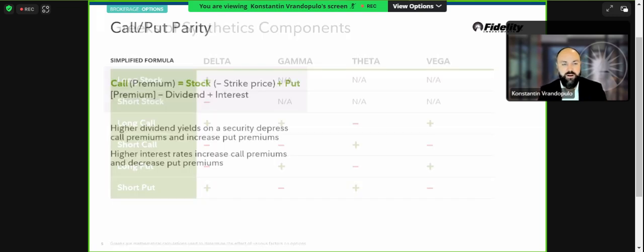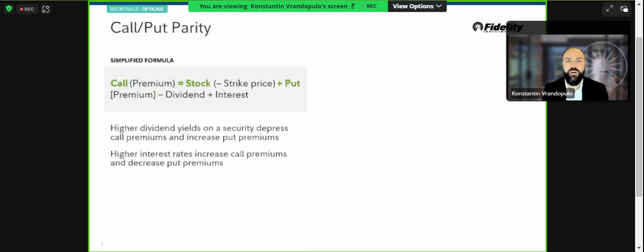So again, put-call parity, let's go through it. In an environment where money costs money, calls are always going to be more expensive than puts. In an underlying security where dividends are large, maybe they are weekly, maybe they're monthly, for most underlyings they're going to be quarterly, the larger the dividend amount, the cheaper on a relative basis the call is going to be versus a put.